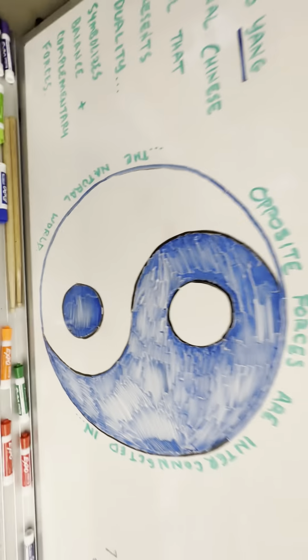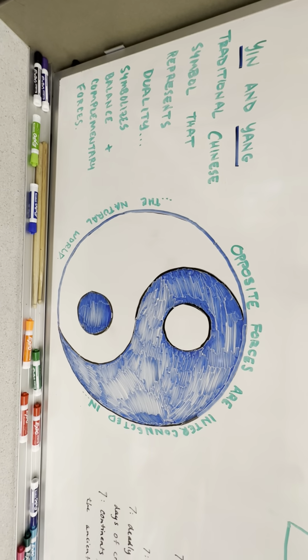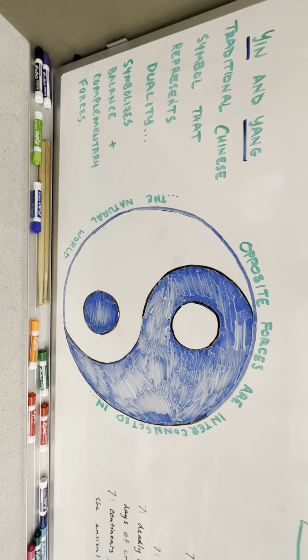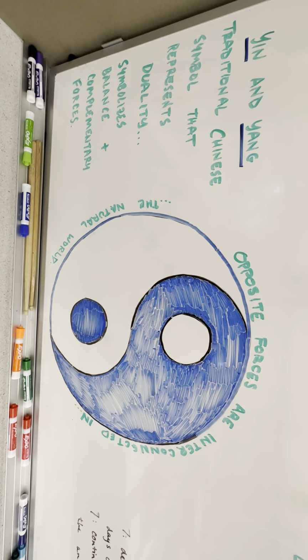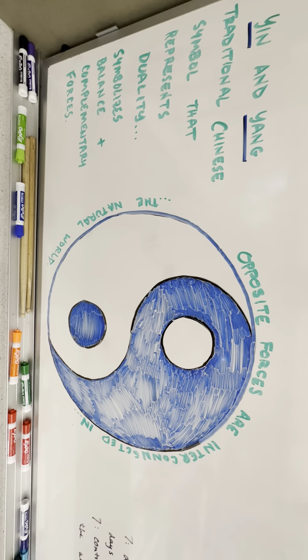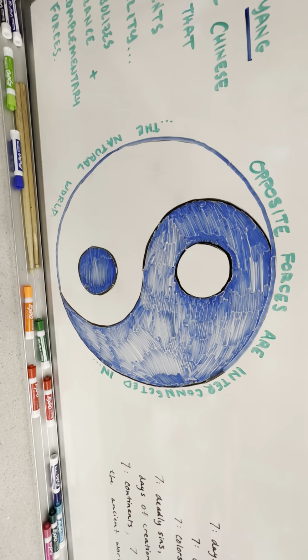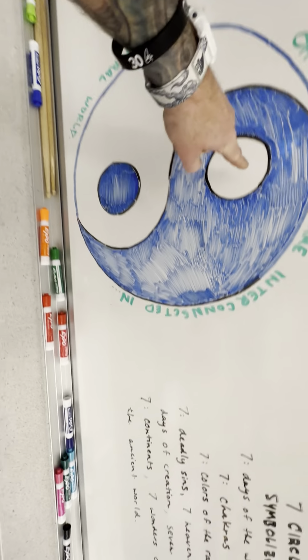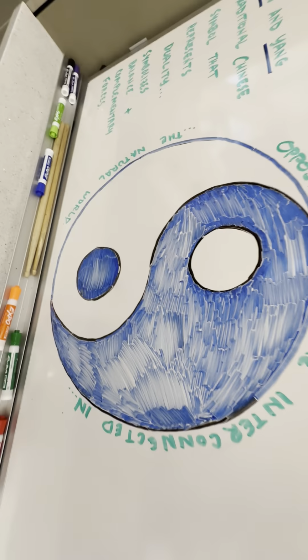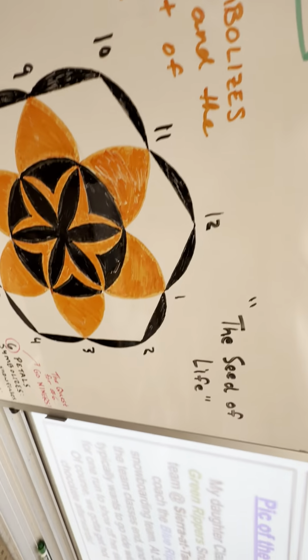Super fun. Then we did the yin and yang symbol. It's a traditional Chinese symbol that represents duality, symbolizes balance and complementary forces. So opposite forces are interconnected in the natural world as yin and yang. You make this symbol with the seed of life as a starting point.